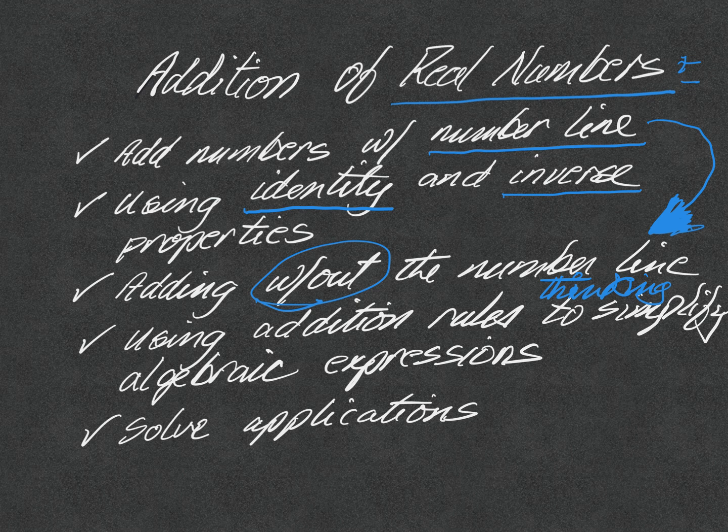So we'll talk about that. And then we'll talk about the addition rules to simplify algebraic expressions. So we're going to focus more on simplification, collecting like terms. And then there might be a couple applications or two we can go over, but we'll see how long this is. All right, let's get started.